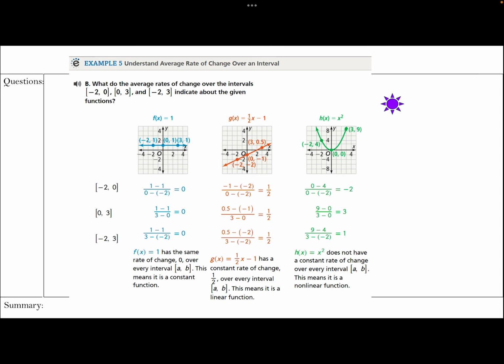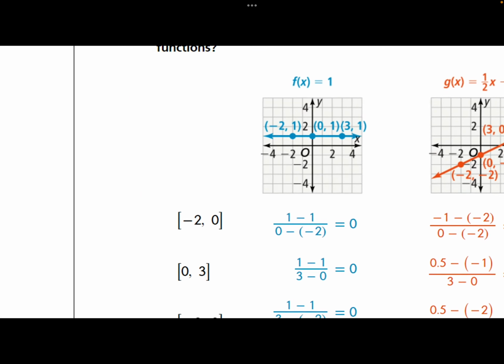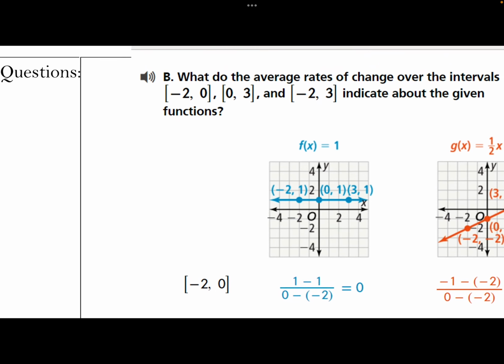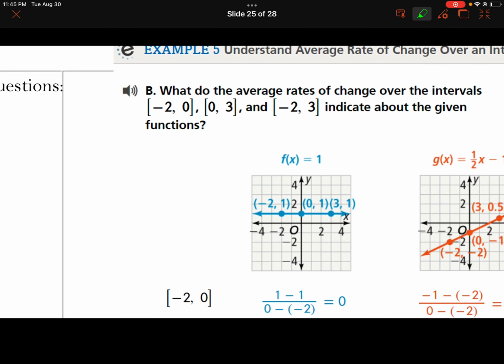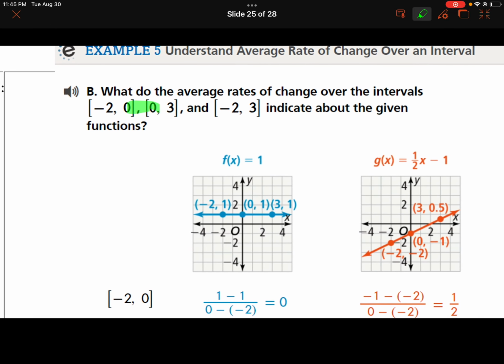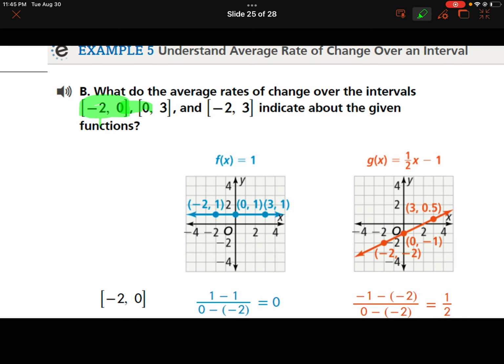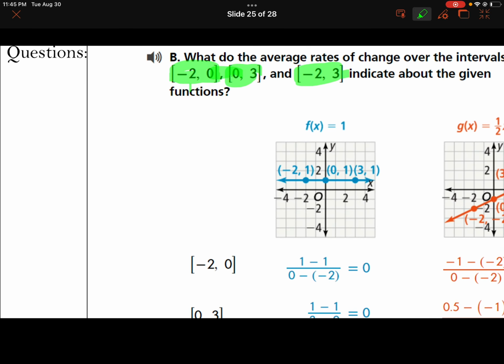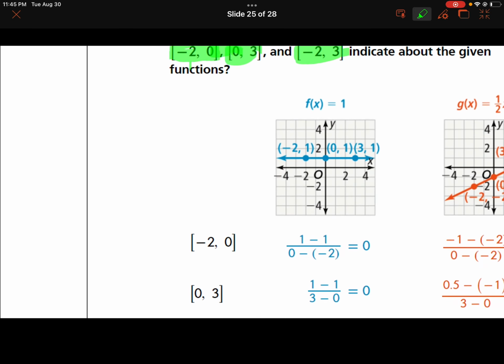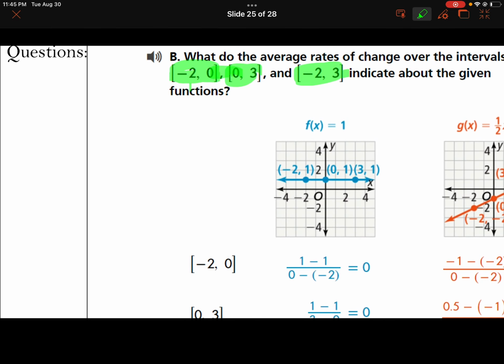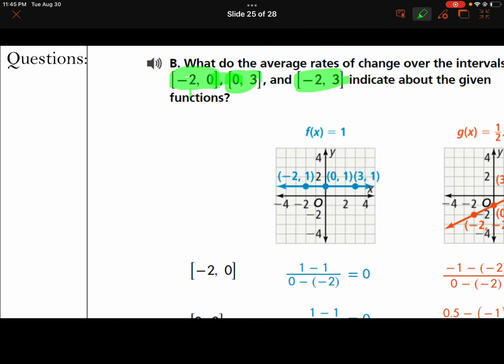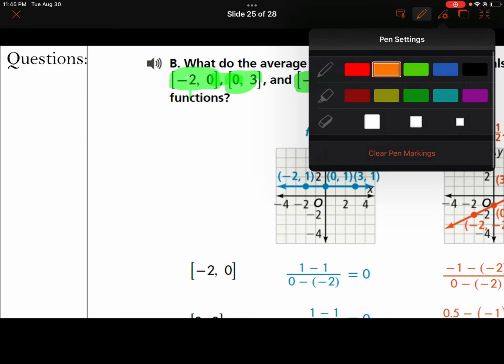Okay. So let's look at this right here. We are looking at the intervals -2, 0, 0, 3, and -2, 3. Let's look at the first one. So in the interval -2, 0, remember, these are all your x values.